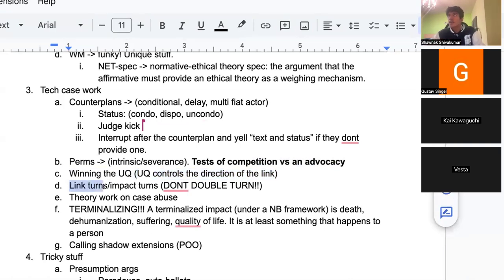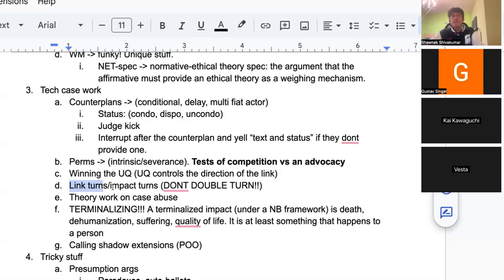If you're responding to links, like let's say by the US giving $20 billion to Pakistan, the US funds the police, and the police create a great and stable world, which saves a bunch of lives. A link turn would say that by funding the police, for example, you create more authoritarian crackdown, which leads to more suffering. That's a link turn. You just literally take the link and flip it.